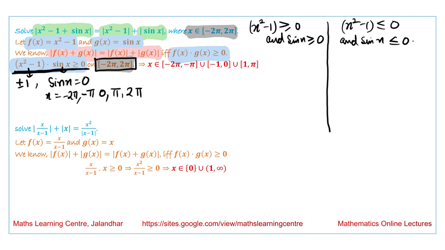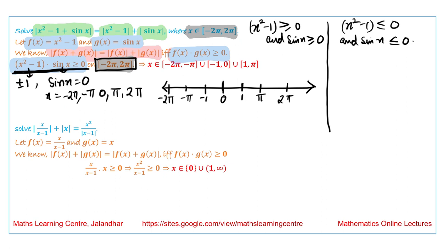So these are the critical points we have. If we plot these points on the number line, we have the point 0 over here, then 1, pi, 2 pi, minus 1, minus pi, and minus 2 pi.